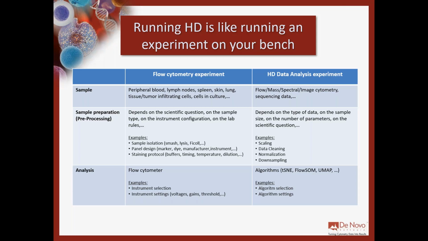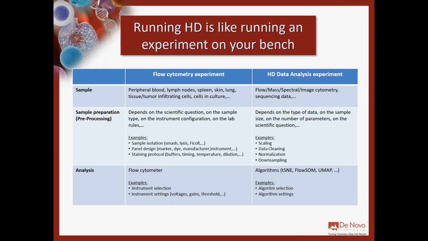But anyway, for each algorithm, you need to sit down and define some settings. So it's not really about running tSNE, okay? It's about pre-processing the data and then running tSNE with some specific settings. And again, for this last part, tSNE, FlowSOM, UMAP, we have dedicated webinars on our website.